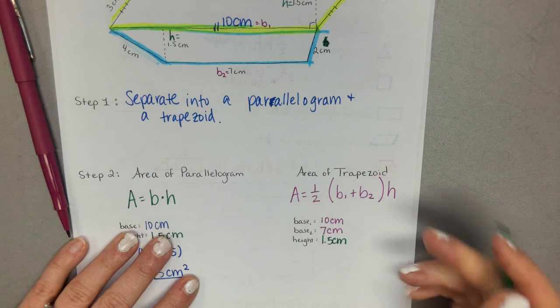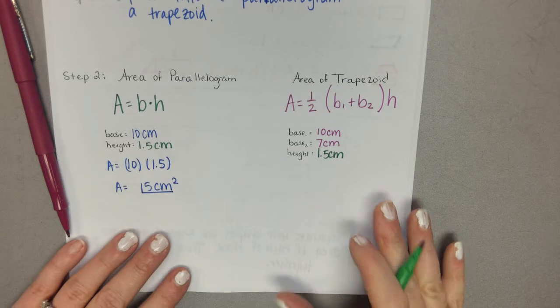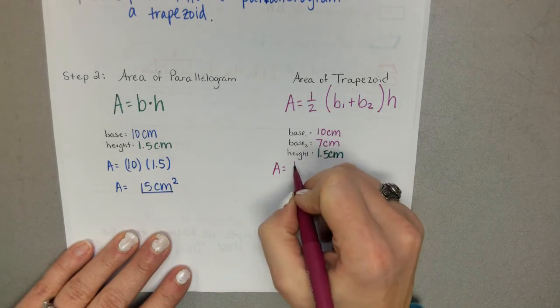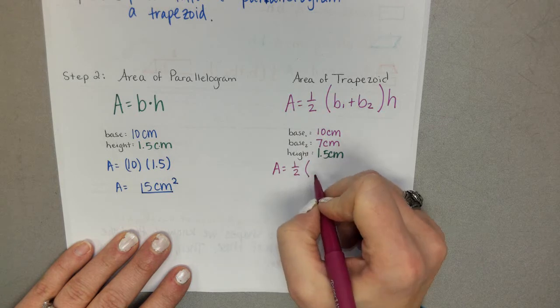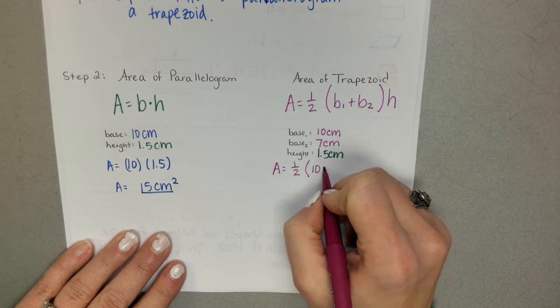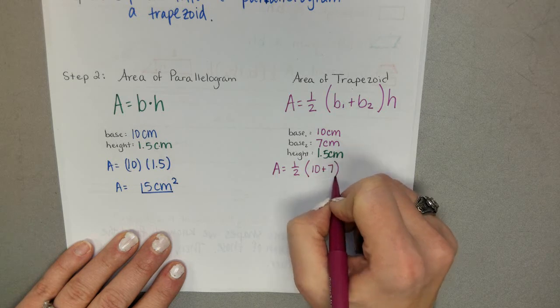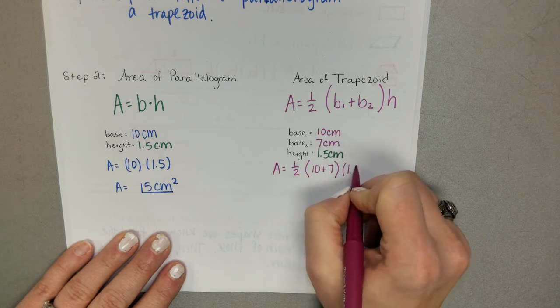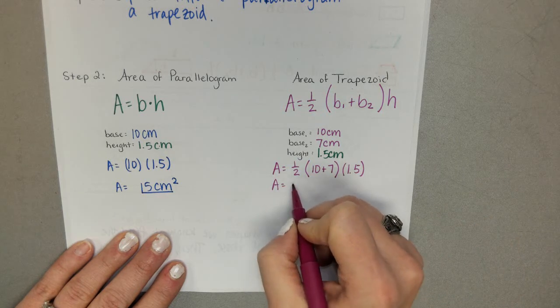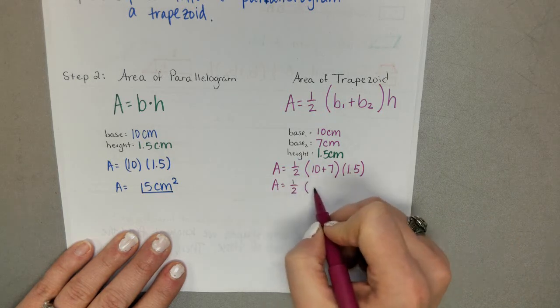So now, let's plug in what we know into our formula. So again, area is 1/2 times base 1, which was 10, plus base 2, which was 7, times 1.5. So we can go ahead and do that addition part here in the parentheses.